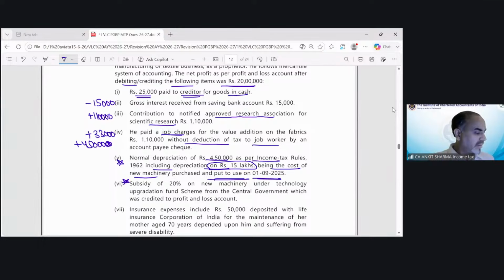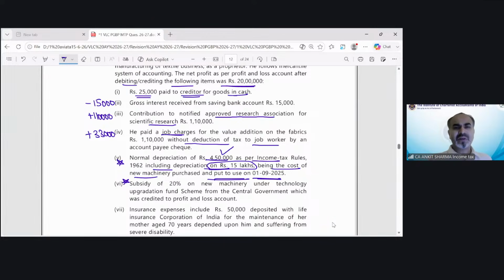But sorry, this is as per income tax rules, so we do not need to add it back. If it is as per accounting provision, then we need to add it back. But because it is as per income tax rules, we do not need to add it back at all.